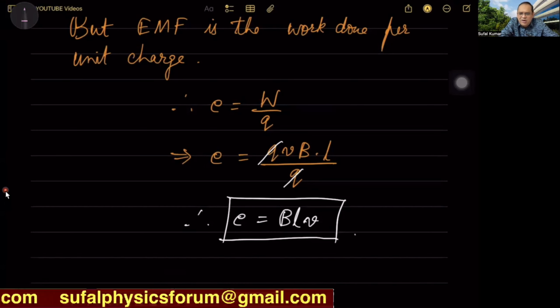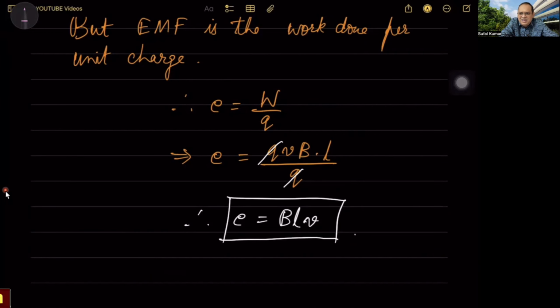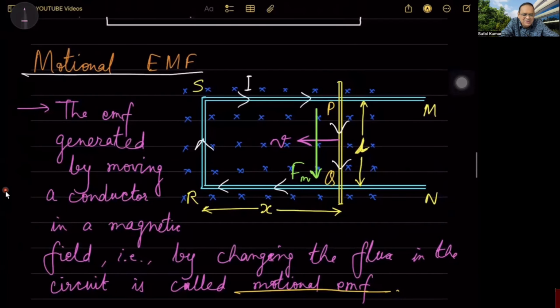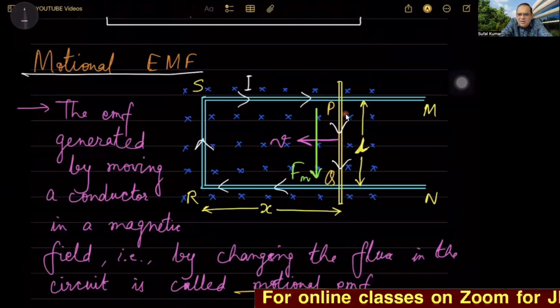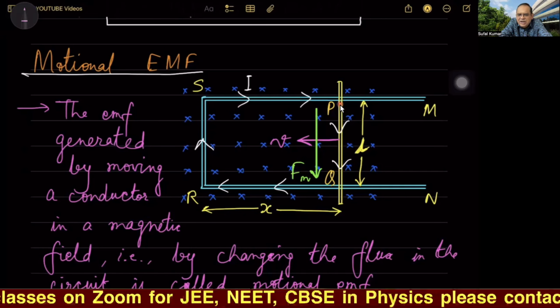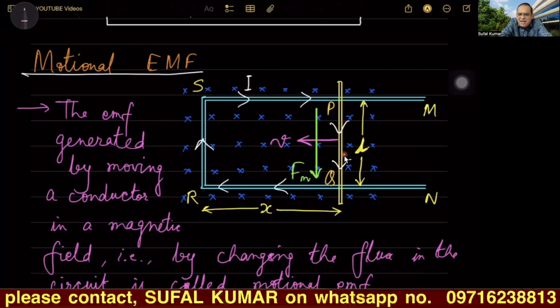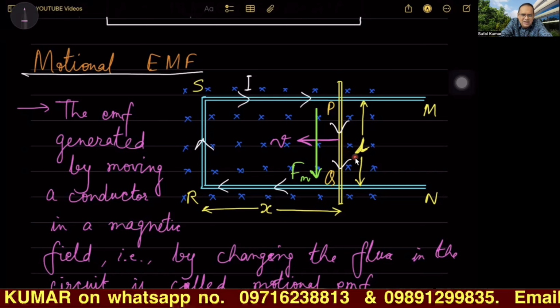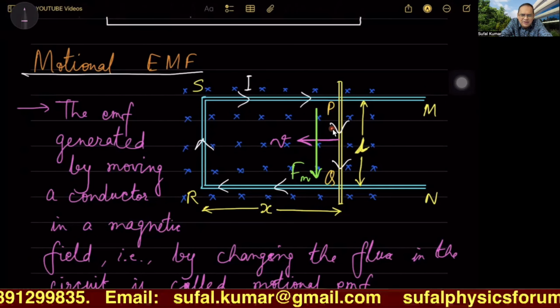One method I already told you, that is to apply Fleming's right hand rule, because by applying it we are able to determine the direction of induced current. So indirectly, we are able to find the polarity also of this induced EMF generated across these two ends. If this is the direction, then obviously positive polarity will be here and negative is here.